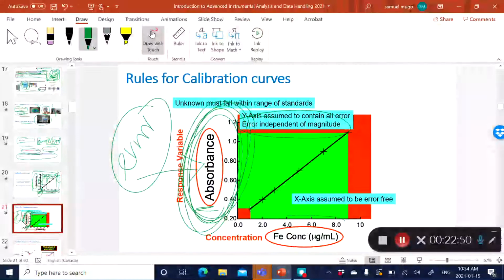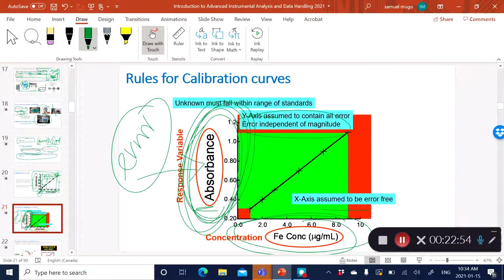Now, we assume that the x-axis is error-free, meaning you prepared the standards very, very accurately, and any error that you are getting, of course, there are error bars there, is because of the y-axis, the instrument, in which there's nothing that you can really do about it, because every instrument is erratic. However, you can quantify the amount of error.